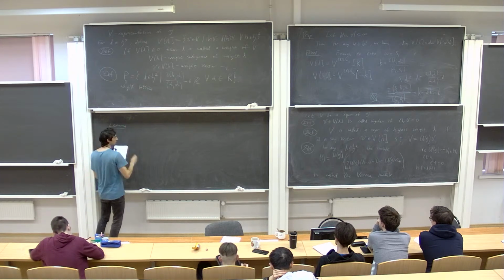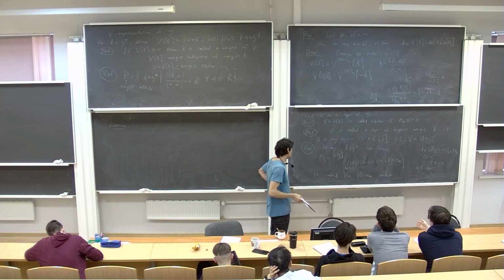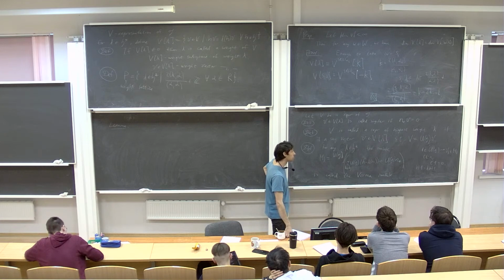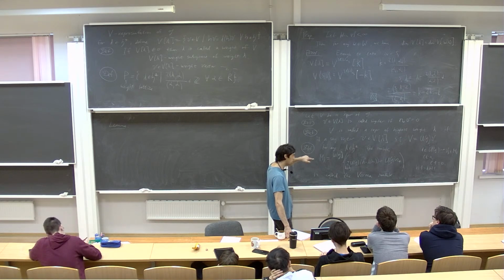Maybe a very stupid question. How can we take a quotient by a left ideal? So what's the problem? It should be a sub-representation of U of G. Well, it will not be an algebra, but it is a representation.